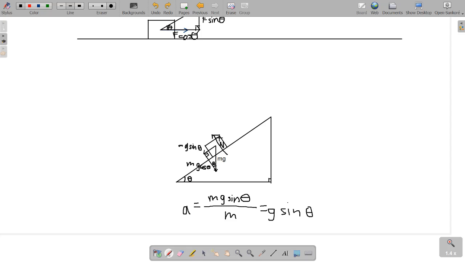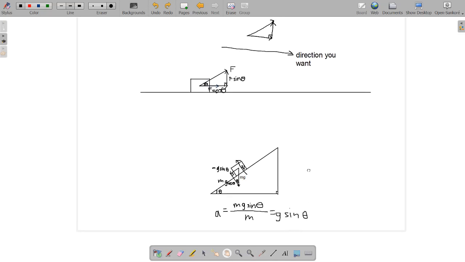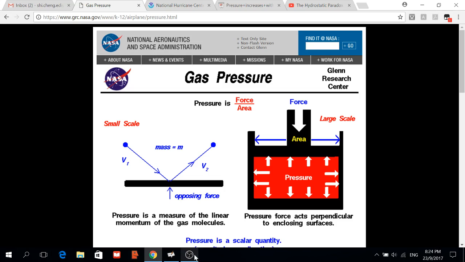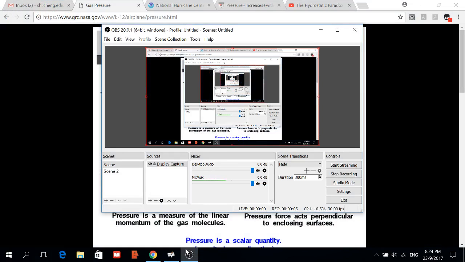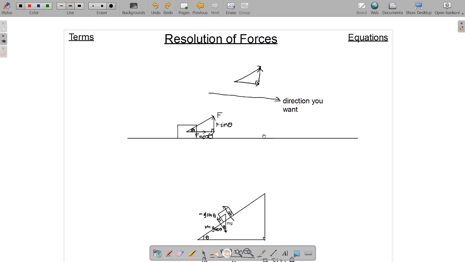So basically this is how resolution of forces works. I'll not put any terms or equations here since I don't think they're needed.